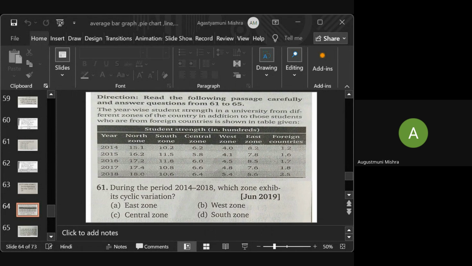One participant said D, South Zone. Within a few seconds, I'm going to change it.